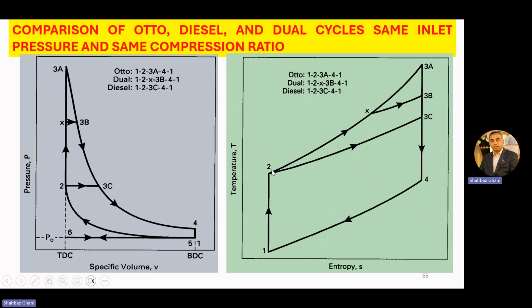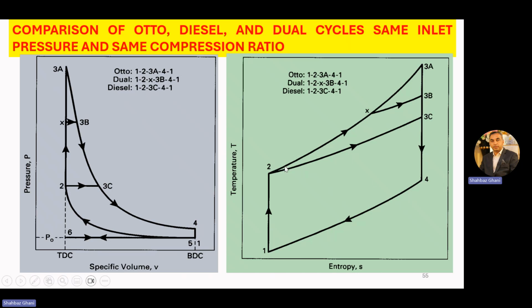1 to 2 is the compression stroke, and from 2 to 3A is your Otto cycle, okay? And 3A to 4 is your power stroke, and 4 to 1 is your exhaust blowdown or exhaust stroke. In the dual cycle, from point 2 to X, we have constant volume, X to 3B we have constant pressure, and 3B to 4 we have a power stroke.